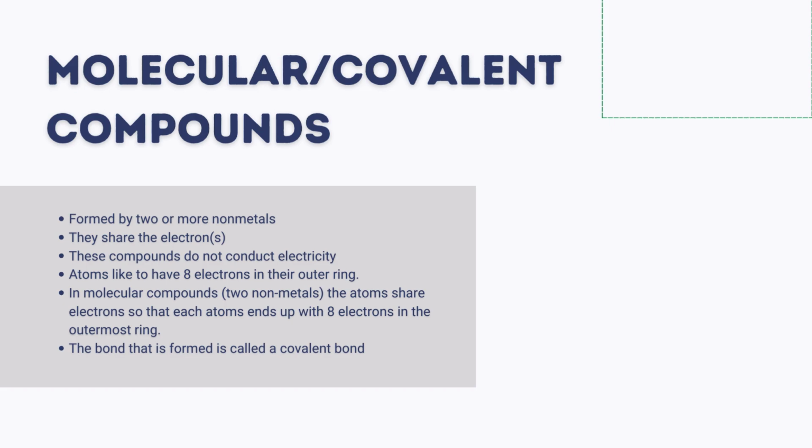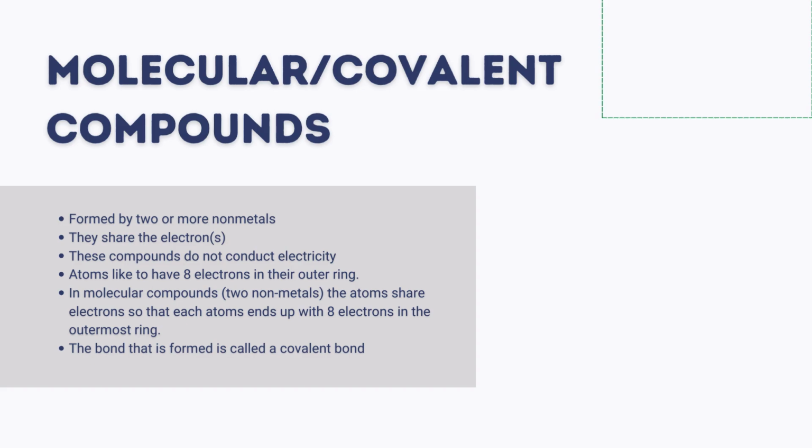Additionally, atoms typically like to have 8 electrons in their outer ring, which is known as the octet rule. In molecular compounds, the atoms share electrons so that each atom ends up with 8 electrons in the outermost ring, satisfying the octet rule.